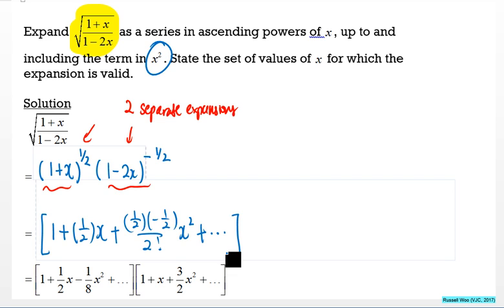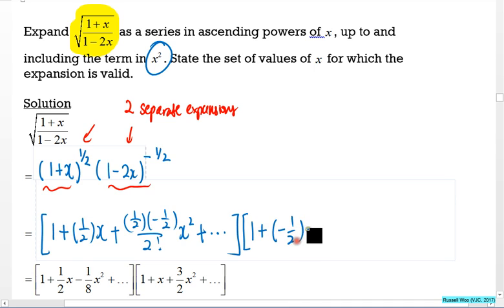Follow? Okay? So the next expansion is this. 1 plus nx. Now the x here is not x, just take note, it is a minus 2x here. Not x, but minus 2x.